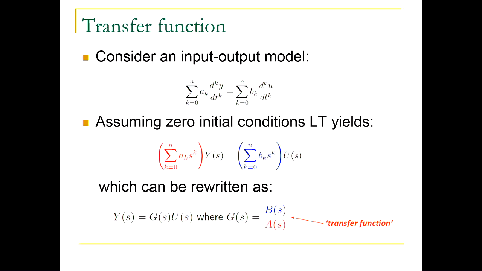This is the Laplace transform of y, this is the Laplace transform of u, and then you get these two polynomials multiplying Y and U. Does anyone see where these polynomials come from? Which rule in Laplace transforms are we using here? Sorry?